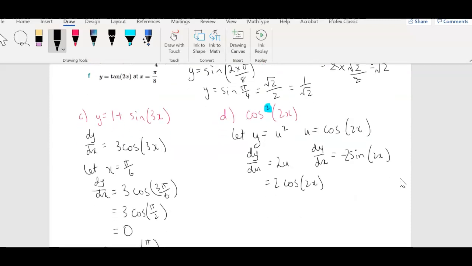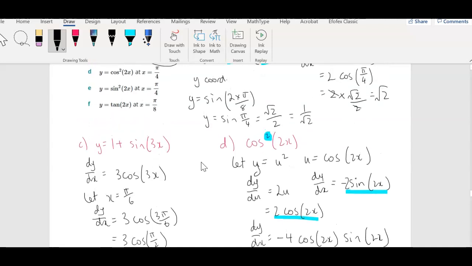All right, so dy dx. So with the chain rule, we're just going to multiply dy du by du dx. Usually I would do them around the other way, but anyway. All right, so 2 times negative 2 is negative 4. And then we've got cos 2x sine 2x. And it doesn't matter whether you put cos or sine first because you are multiplying.